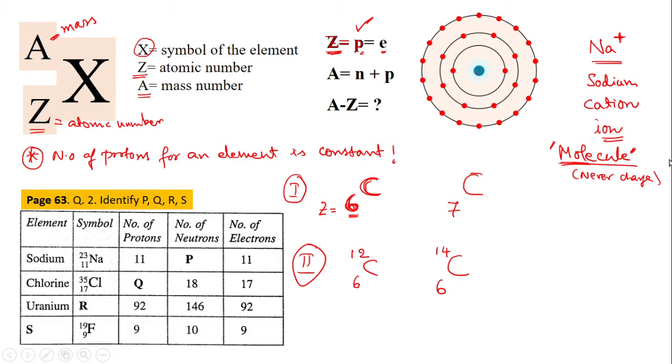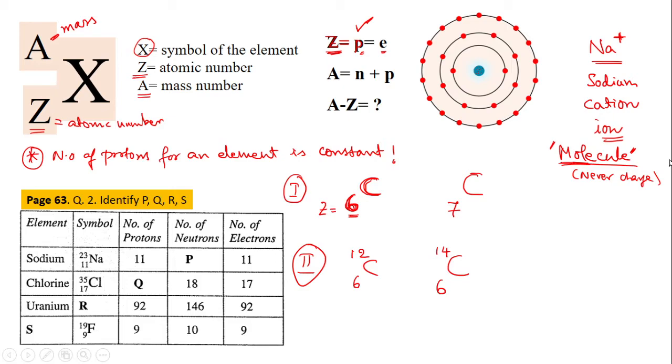Now here atomic number is equal to number of protons, and we know that it is an atom, therefore the number of protons will be equal to the number of electrons. Everyone understood this one? Yes, sir. Now look at the mass number, represented by A, which is equal to number of neutrons plus number of protons.